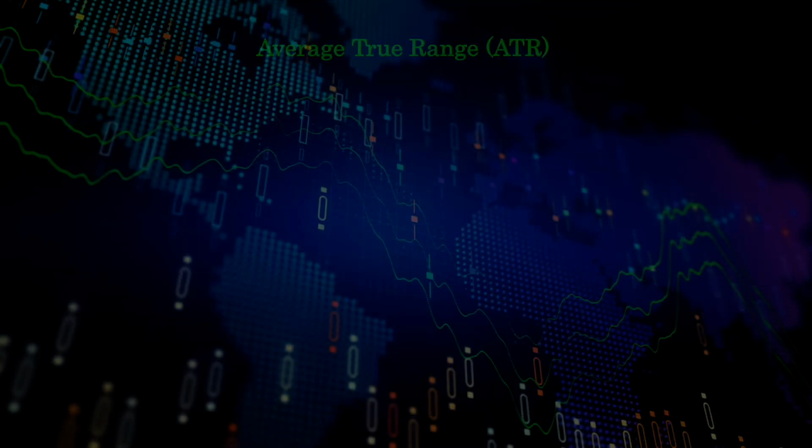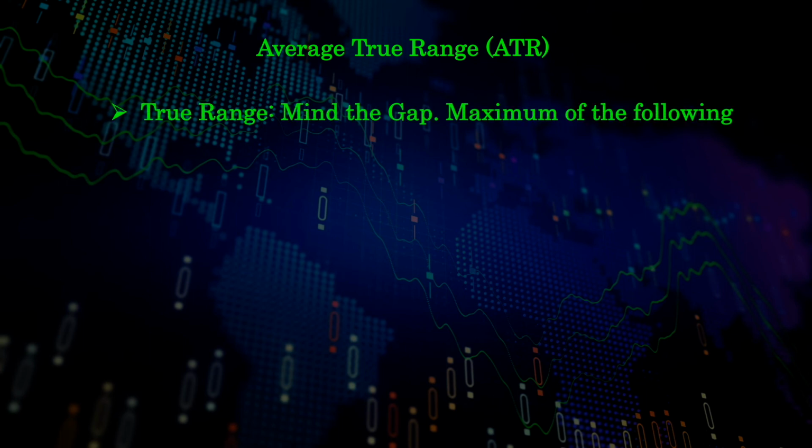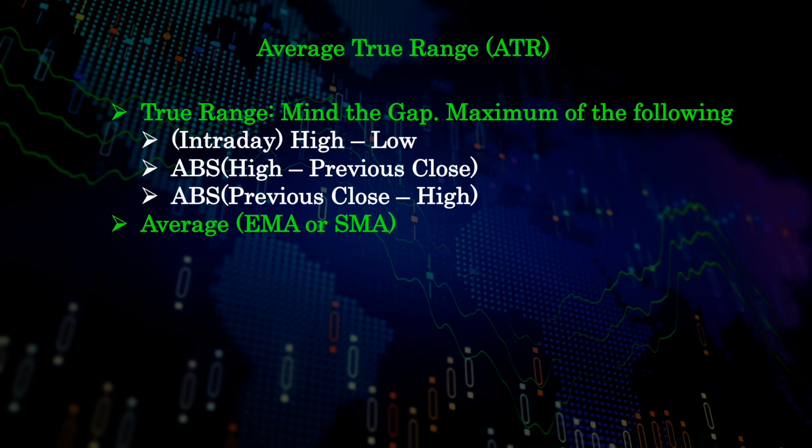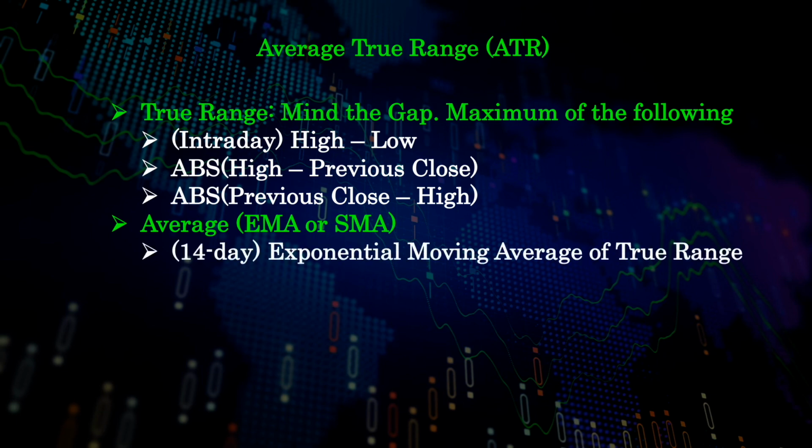In this video, we have introduced one of the useful volatility indicators, average true range. It takes into account the overnight jumps as opposed to just the intraday range between high and low. The standard ATR uses exponential moving average, but some people use simple moving average as well.